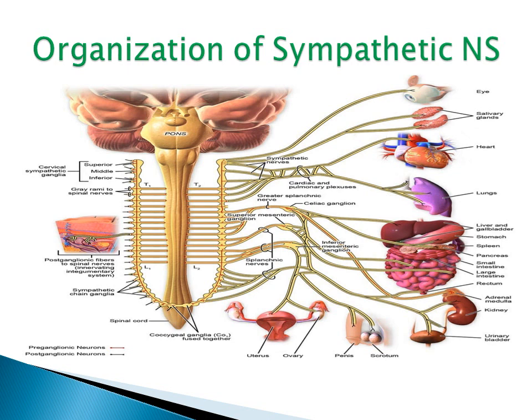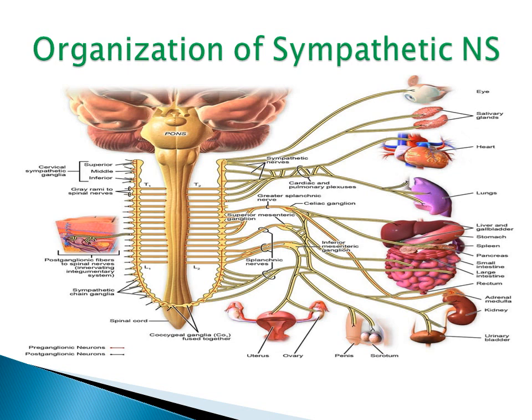Now coming on to the organization of the sympathetic nervous system. Normally the sympathetic nervous system is considered a thoracolumbar outflow because the preganglionic neurons are situated in the lateral gray horn of the 12 thoracic and first two lumbar segments of the spinal cord.